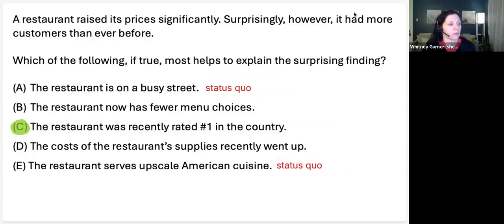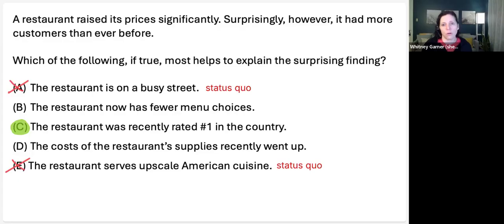Okay, upscale American cuisine. Maybe that's expensive, right? Maybe that helps explain why the restaurant charges a lot of money, but it was an upscale American restaurant before, presumably. It doesn't say that they changed over their menu and became an upscale American restaurant, right? So status quo means it's not going to highlight why this change happened.